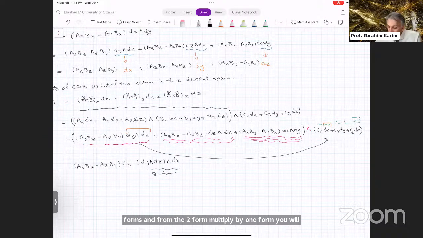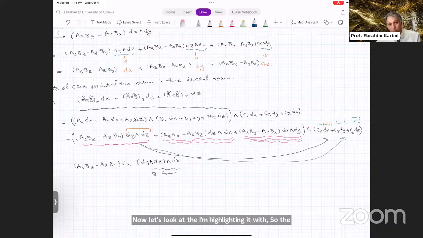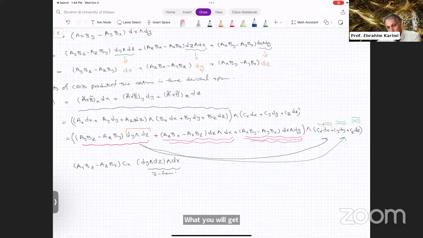Now let's look at the next one, I'm highlighting it with blue. So the first term multiplied by the second term, what will you get?